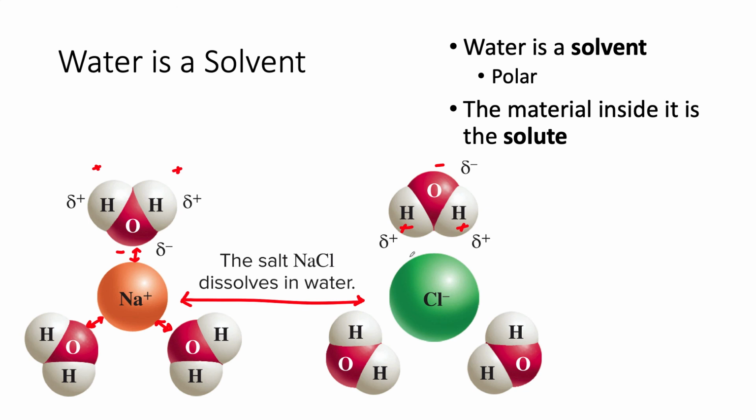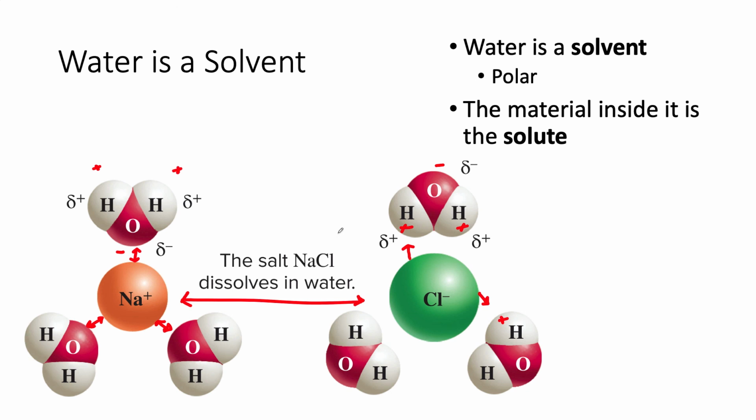But at a party, if there are other options, chloride will also be attracted to those other options. And so things like salt, sodium chloride, potassium chloride, lots of different ionic compounds that form salts, will dissolve in water because the partial charges on water disrupt this ionic bond between the positive and the negatively charged ion.